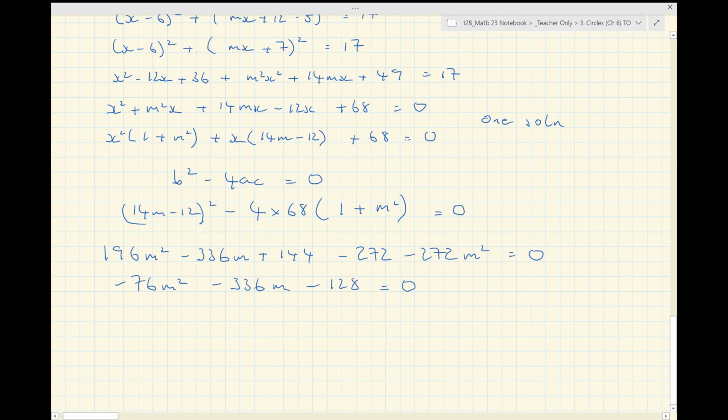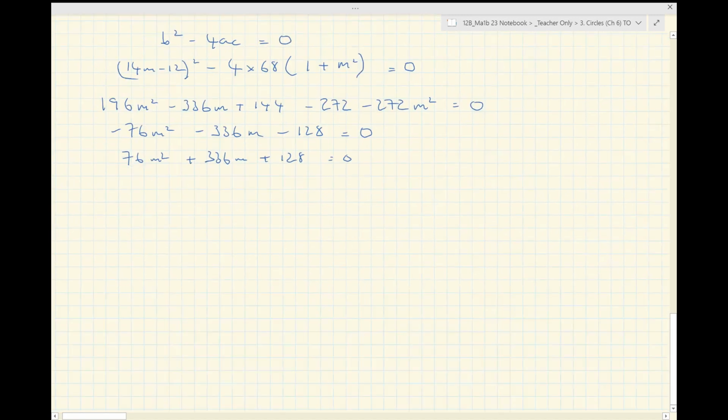So I'm going to change all the signs on this. 76m squared plus 336m plus 128 equals 0. And I'm going to solve that equation. Now, when I solve that equation, how shall I do that? I'm going to use the formula and work out the solutions to that.